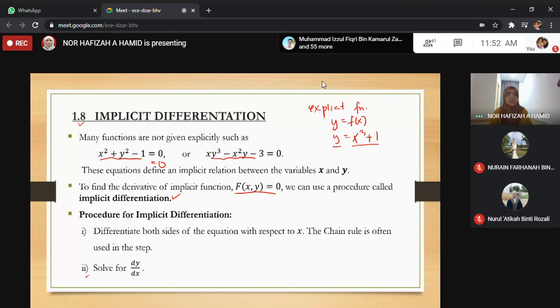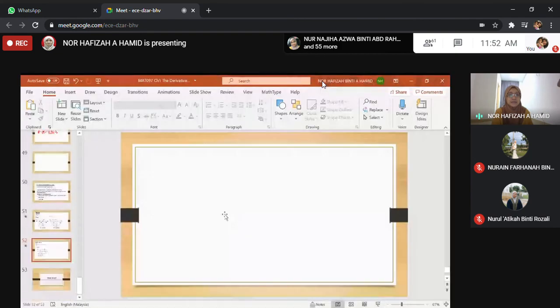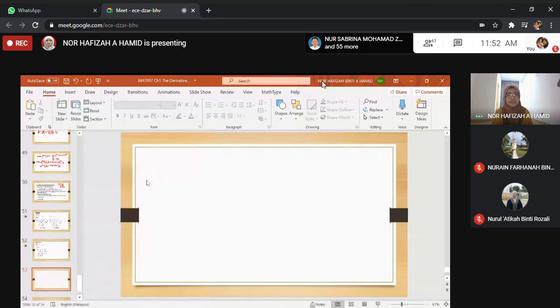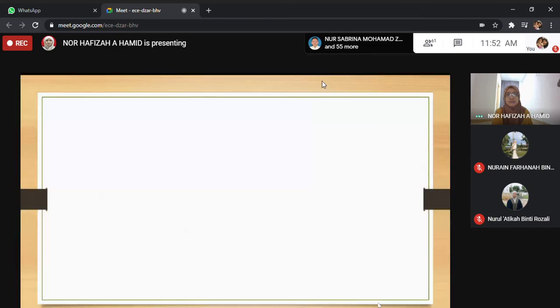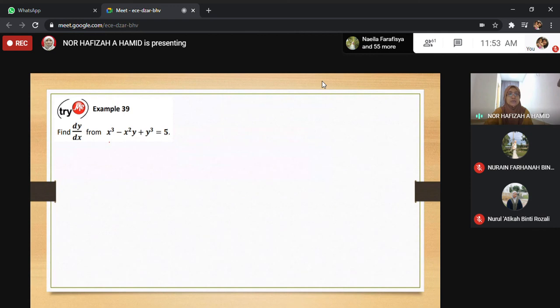Okay. So saya nak pergi to example 39 for try me. But before we go for example 39, saya nak bagi you example for implicit differentiation. Untuk implicit ni, saya prefer every term you kena letak, you nak differentiate dia respect to apa.